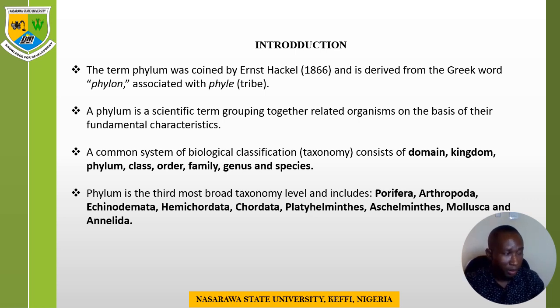A common system of biological classification is known as taxonomy, which consists of 8 levels. All right, so we have the domain, the kingdom, the phylum, the class, the order, the family, the genus and the species. But then the phylum is located at the 3rd level of this classification.